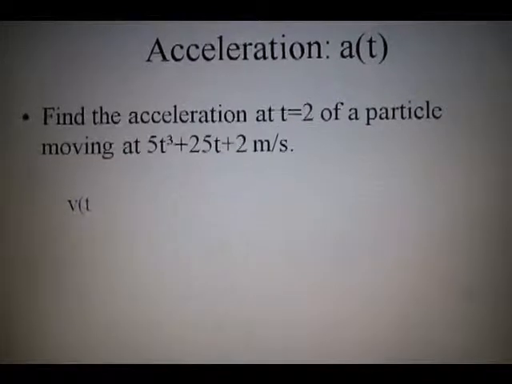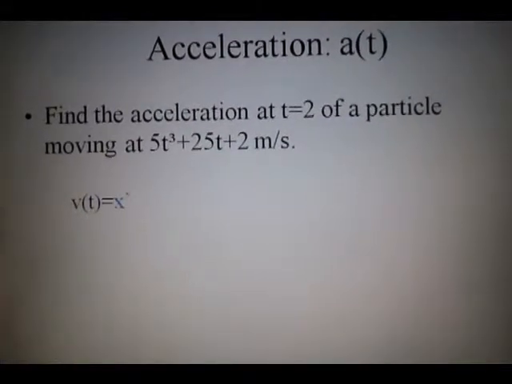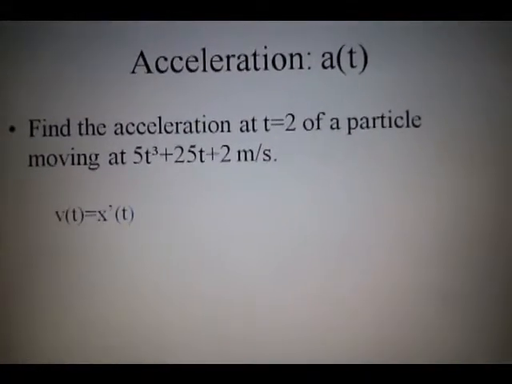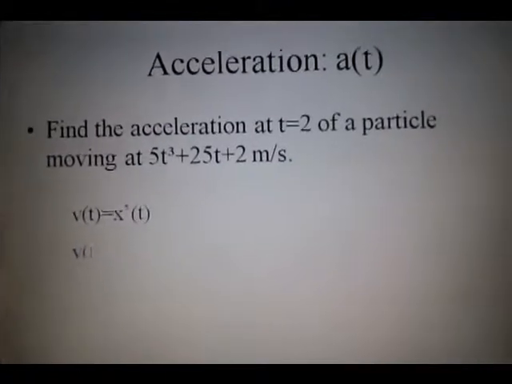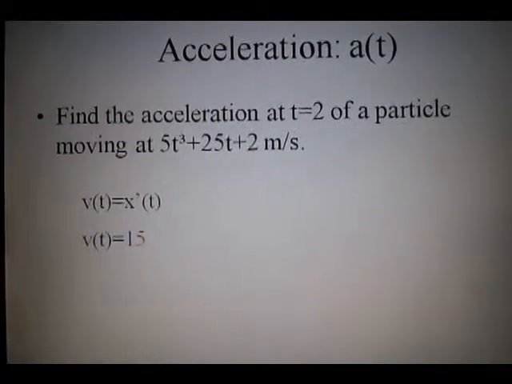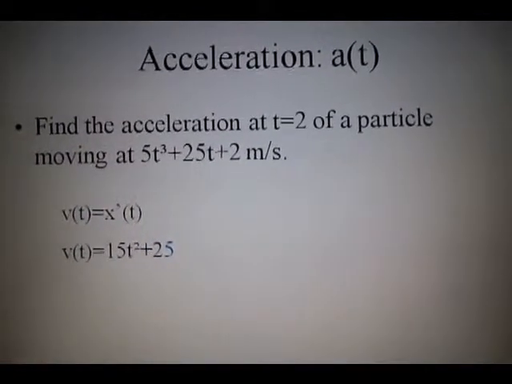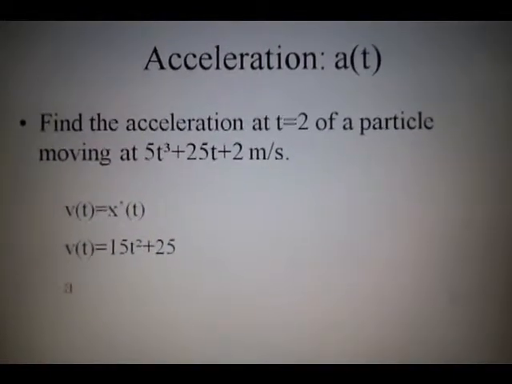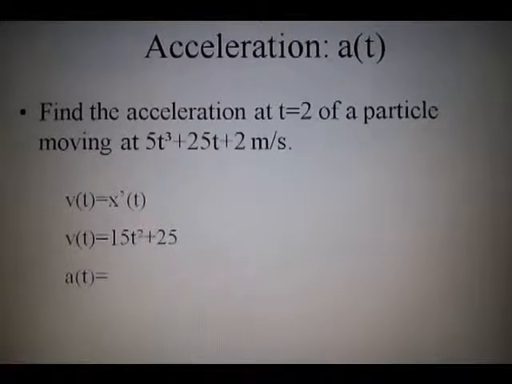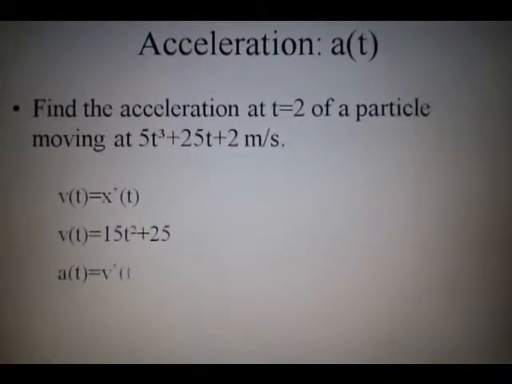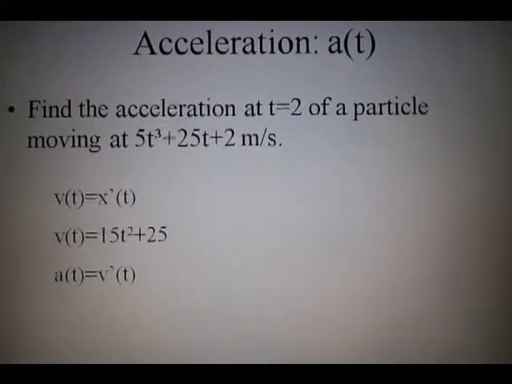So you derive the first time to get velocity. In this case, the velocity is 15t squared plus 25. Then you derive again to find acceleration. And this time, your acceleration is 30t.